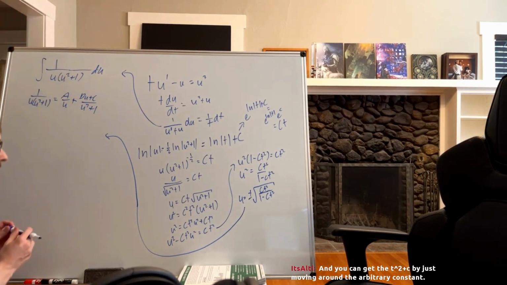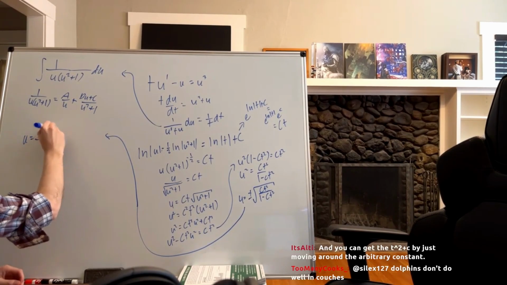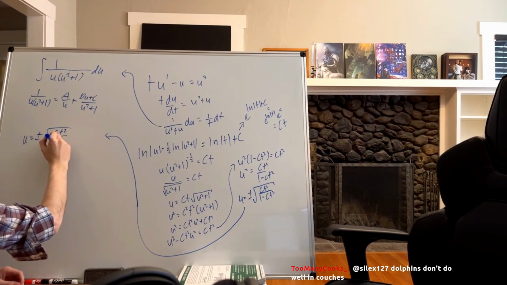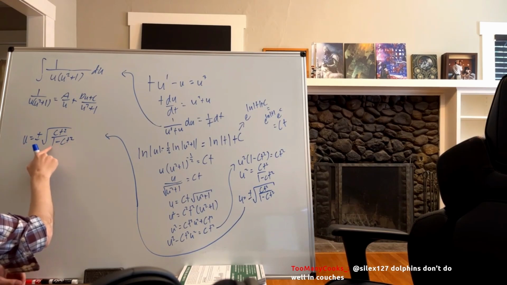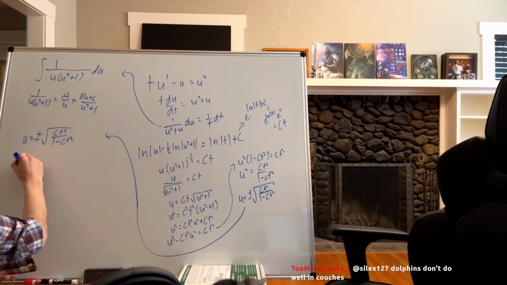So if we have u equals plus or minus root ct squared over 1 minus ct squared, we can factor out a c from the bottom. We introduced a C term there, but that's okay because it'll look nicer. I mean, it doesn't actually matter, but it looks nicer, I guess.